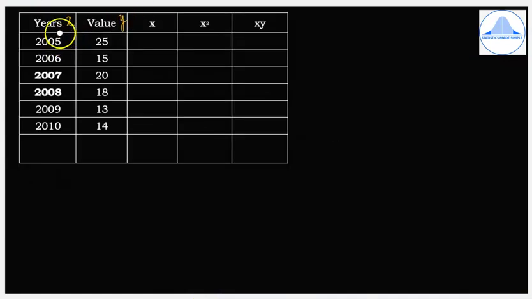I have marked years as x and value as y. Let us first find out summation y. When we add up the y values, we get summation y as 105. Now let us find out x. If you remember in the previous slide, x was deviation from 2007.5 divided by 0.5.